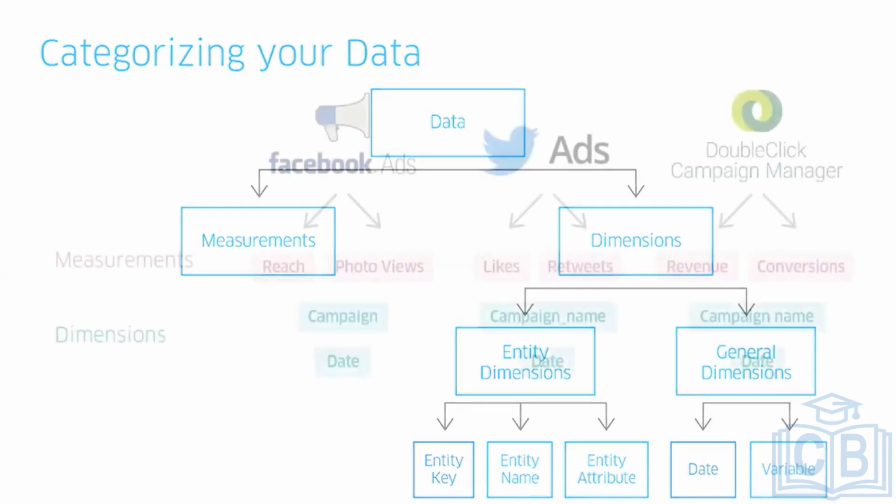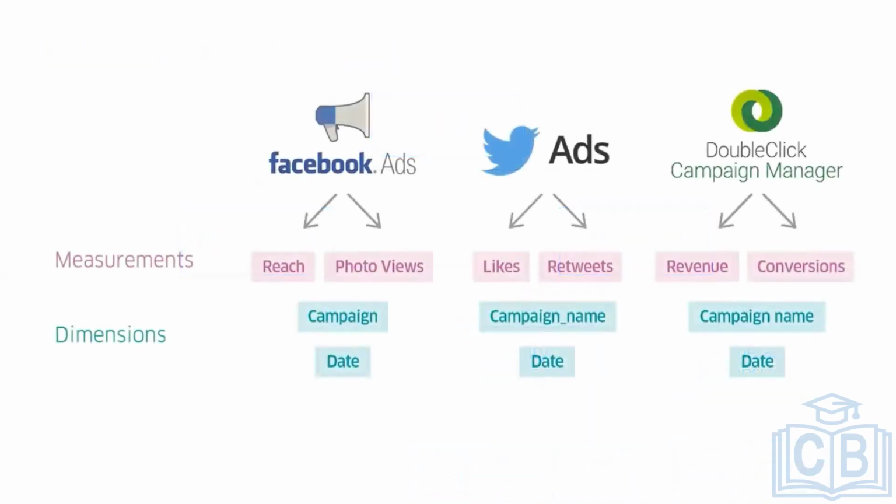Let's look in detail at the measurements and dimensions. Yesterday we discussed this. Measurements, as we have discussed, are quantitative ones. Dimensions are qualitative ones. Measurements can be used with mathematical operators, whereby they can be aggregated, subtracted, and used for calculations.